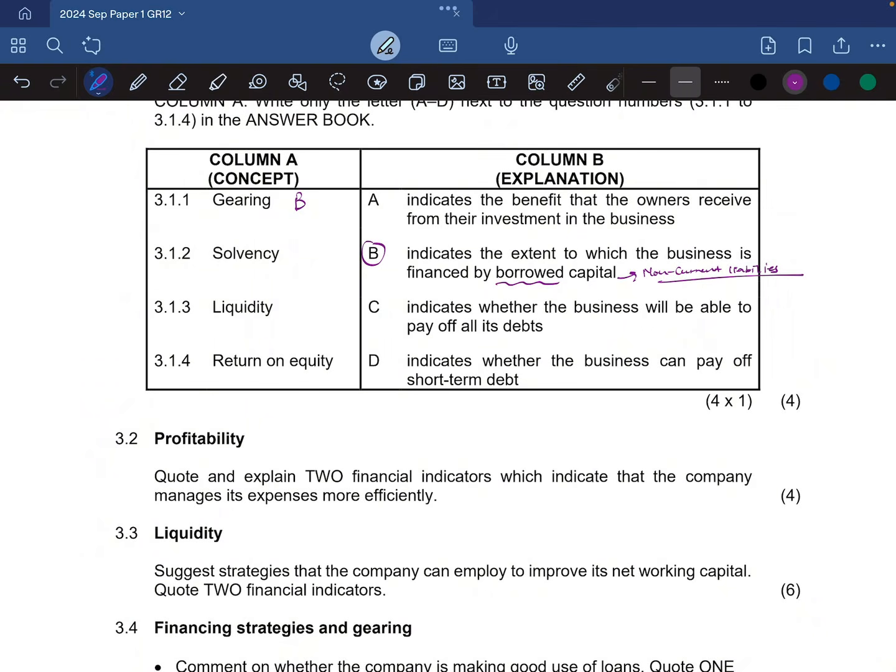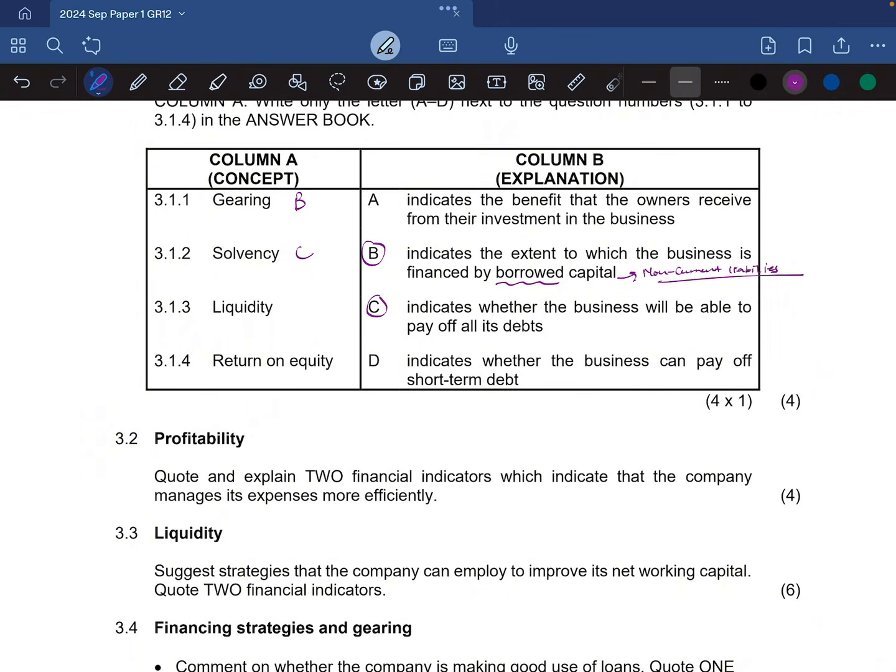Okay, and then when we look at 3.1.2, which is solvency, and reading information or explanation C, which indicates whether the business will be able to pay off all its debts, which is definitely what solvency is. So here we have C, and then when we look at 3.1.3, which is liquidity, and reading information D says indicates whether the business can pay off short-term debt.